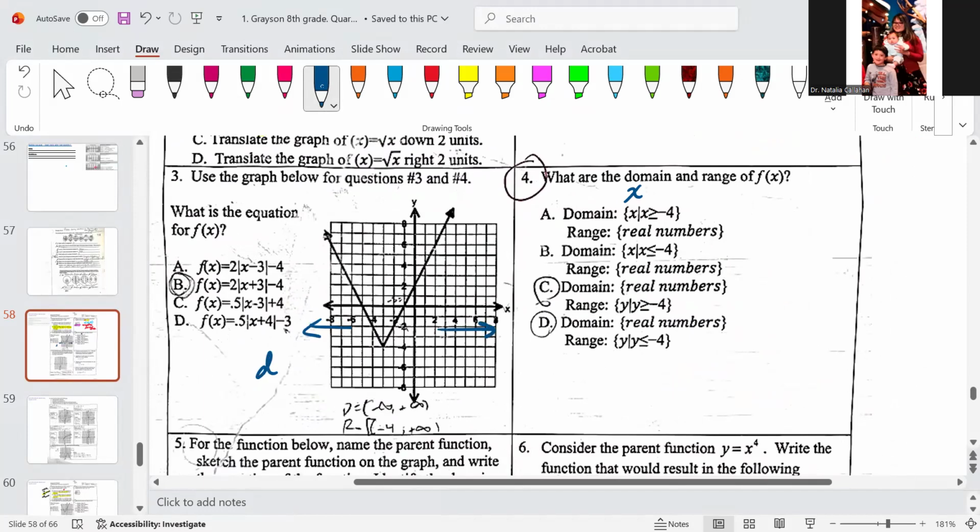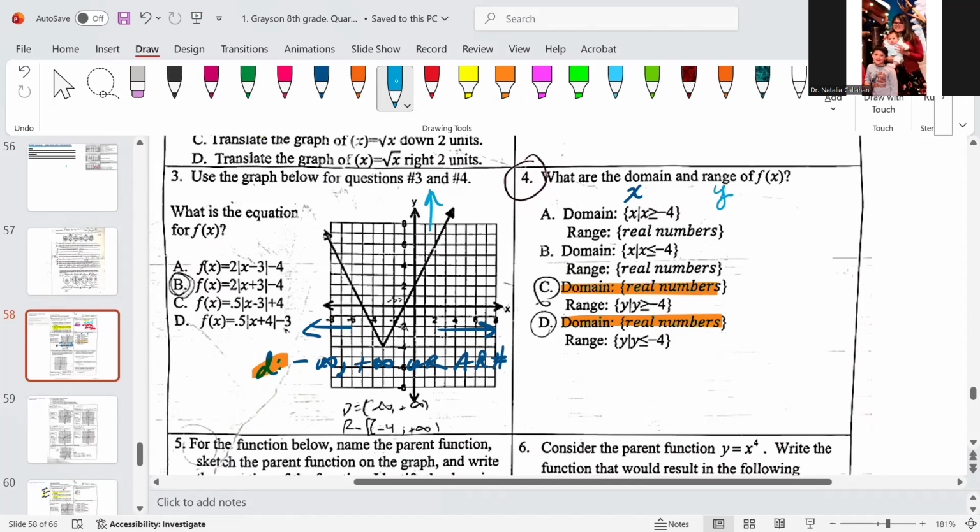What's the domain? My domain is negative infinity, positive infinity, or all real numbers, correct? So let's look and see which domain says that. Domain, all real numbers. That's not A and B, or this one, correct? Then you look at the range, which is y.